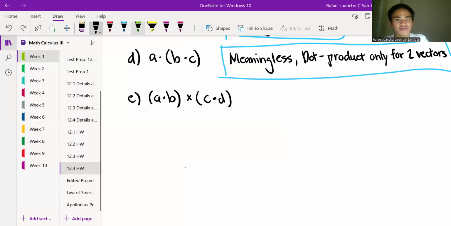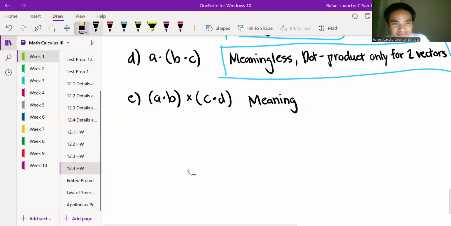So this actually gives us two scalars. This thing's a scalar. This thing's a scalar. In other words, it's a real number. Can we get the cross product of two scalars? No, so it's meaningless. For cross products, we need exactly two vectors.